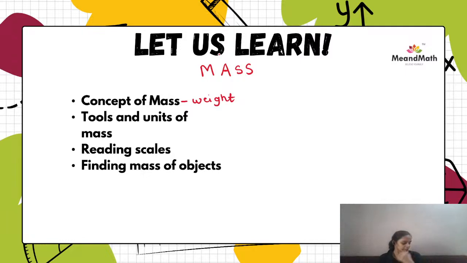When it comes to the chapter of measurement, we have different concepts under it. We look at mass, capacity, and length of any relevant object. When we talk about mass, we are talking about the weight of an object. Now, can you tell me what tools we use to measure mass, or to find out the mass of an object?